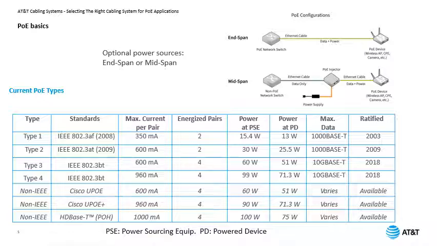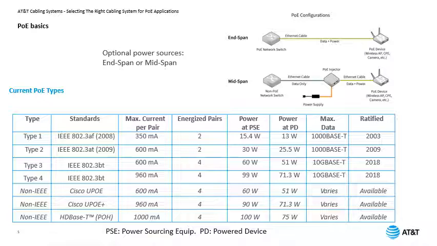There should be POE injector, and the non-POE network switch is connected to this POE injector, and the POE injector will inject data and power on Ethernet cable to the POE device.